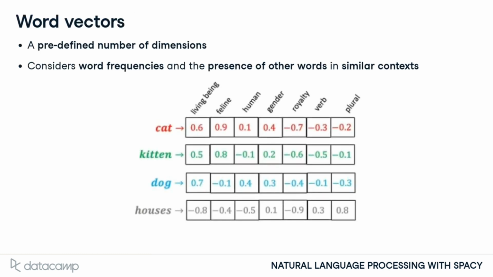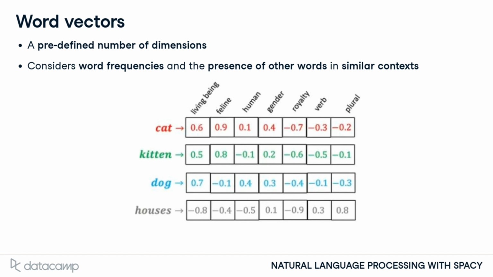But all hope is not lost. We can use recent methodologies to find word vectors that can be used to teach a computer if two words have similar meanings. Word vectors have a predefined number of dimensions. Statistical and machine learning models take into account word frequencies in a corpus and the presence of other words in similar contexts.